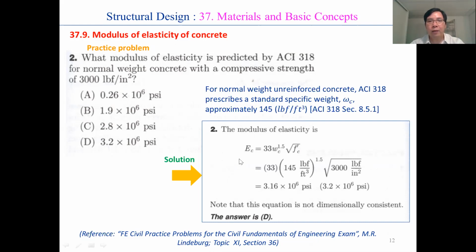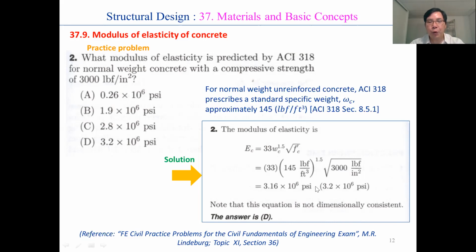You can apply this equation and replace the values of the parameters w_c and f'_c, and finally you can find the value for the E_c.